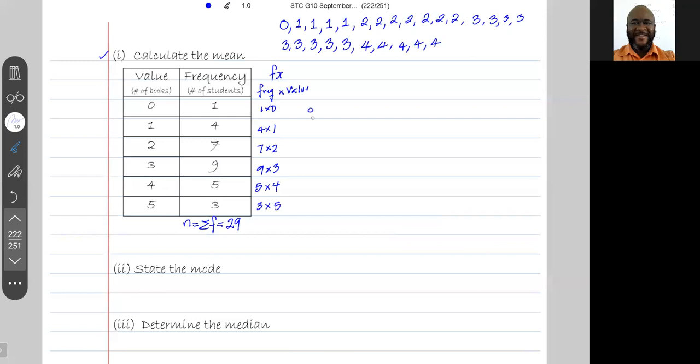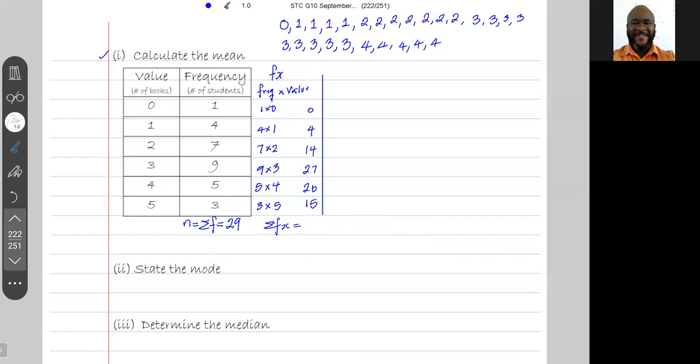This is 0, 4, 14, 27, 20, and 15. So the next thing I'm going to do is add up all these values. And when I add up all these values, I'm going to get the sum of fx.